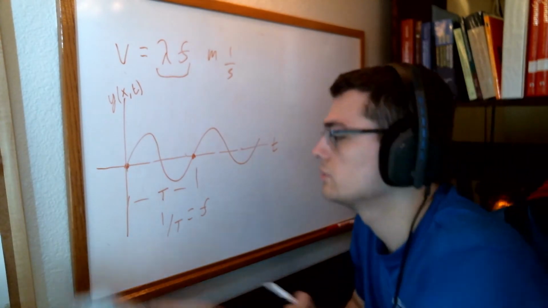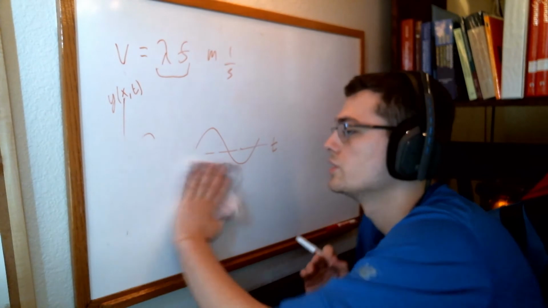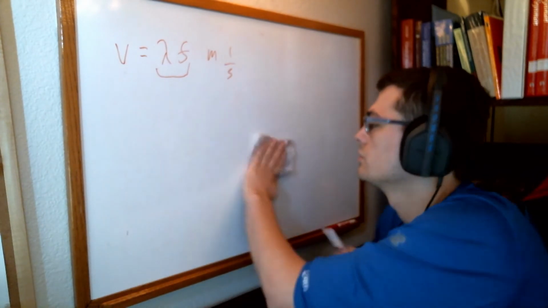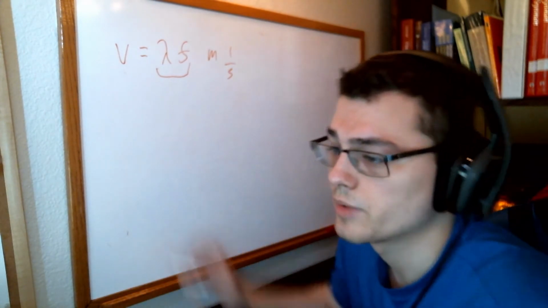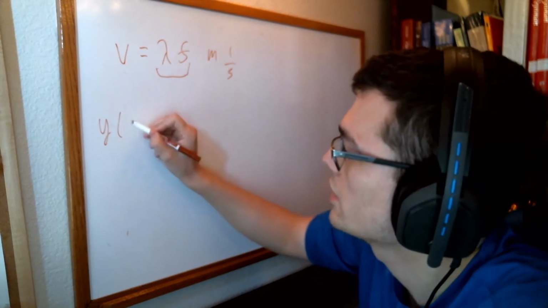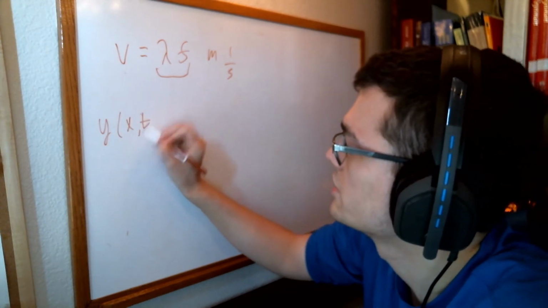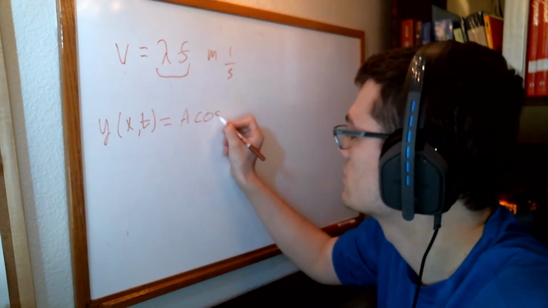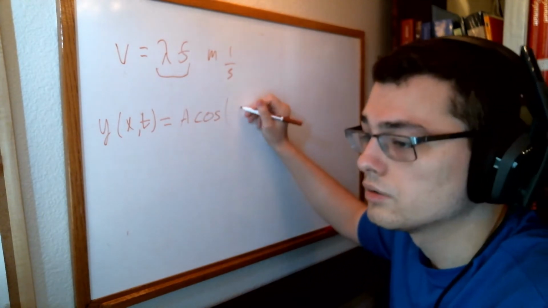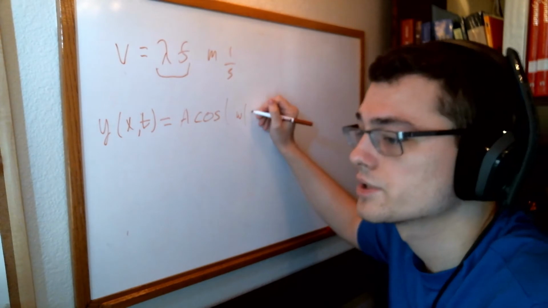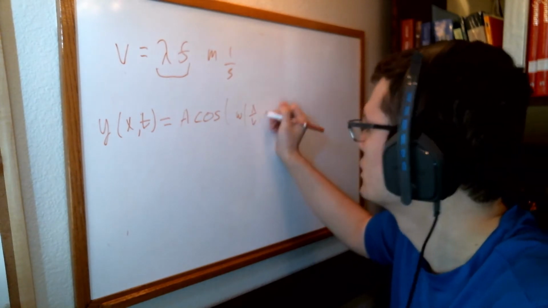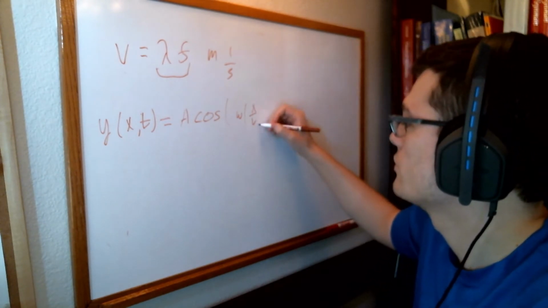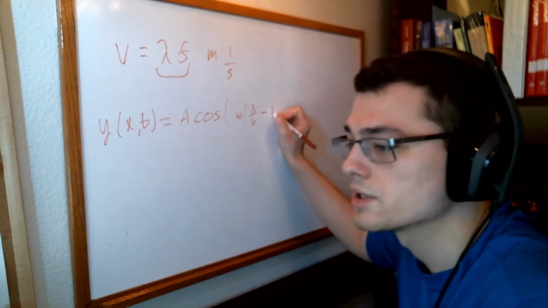So let's now give the equation for our waves here. The basic equation is y of x and t is going to be equal to A cosine of omega times x over v, which is the position of our wave over its velocity, minus the time.